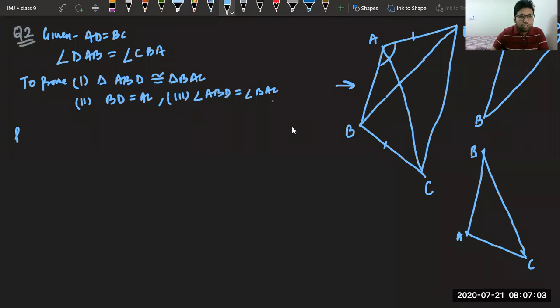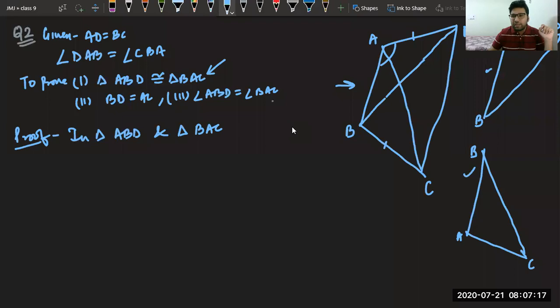Now, for the proof, obviously, to prove these triangles congruent, we have to look into them. So, in triangle ABD and triangle BAC, I have drawn them separately. We already know that AD equal to BC. First thing given to us.